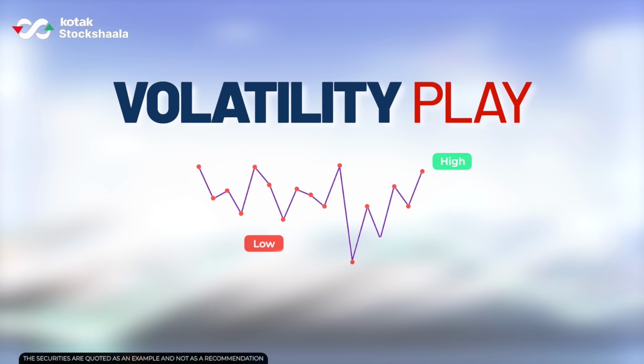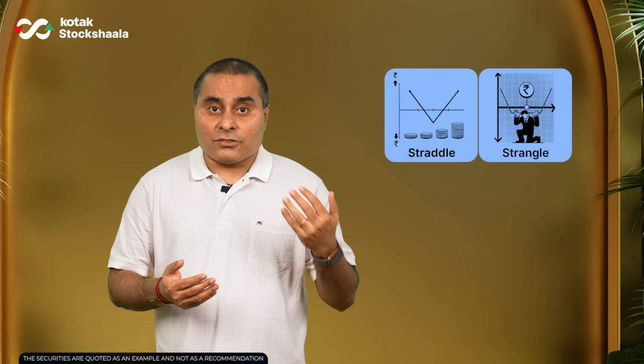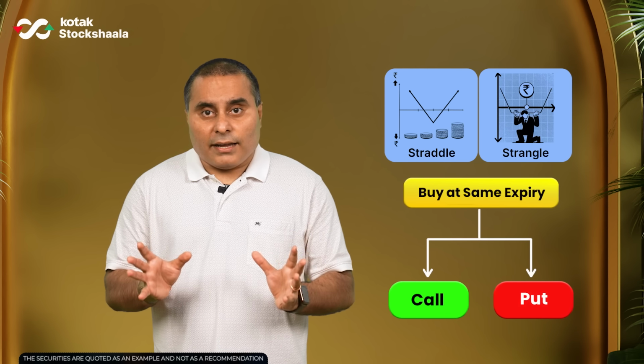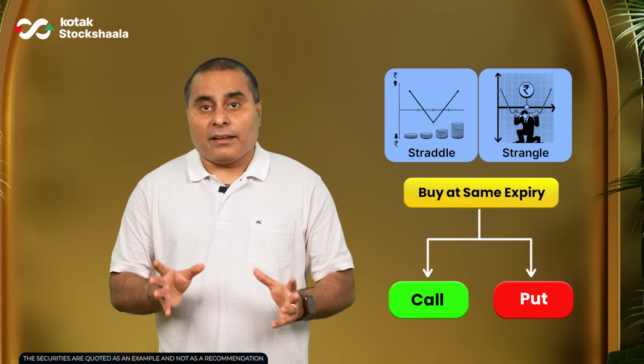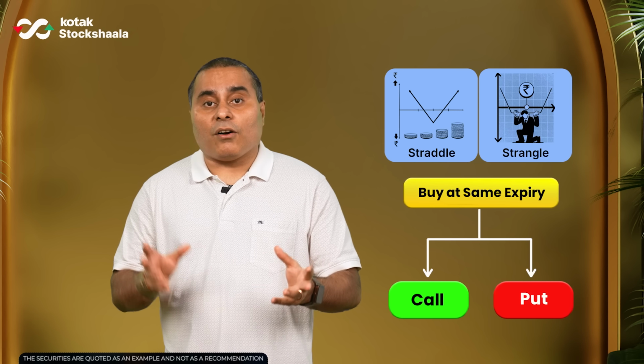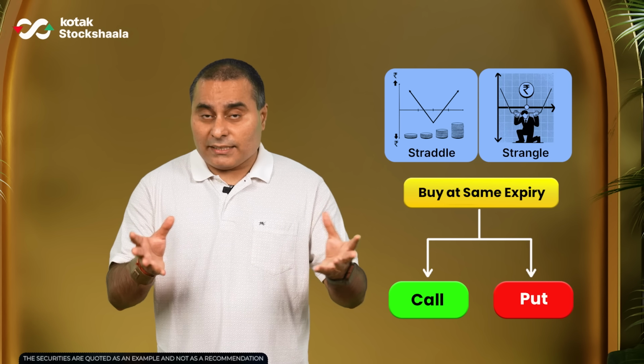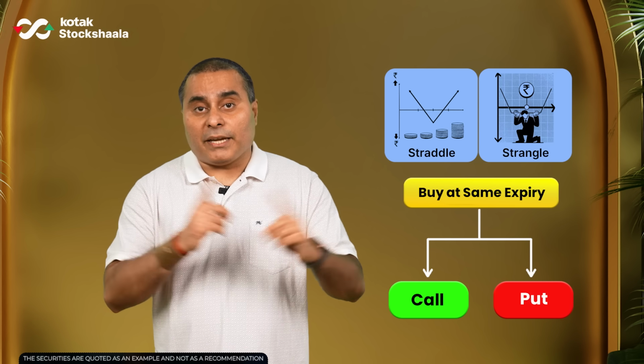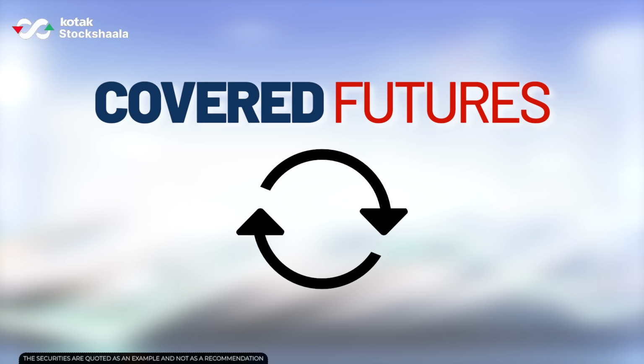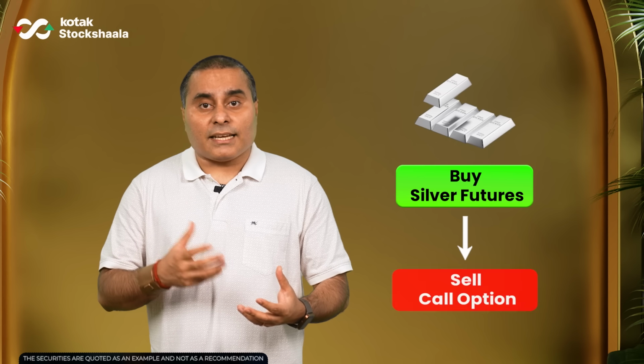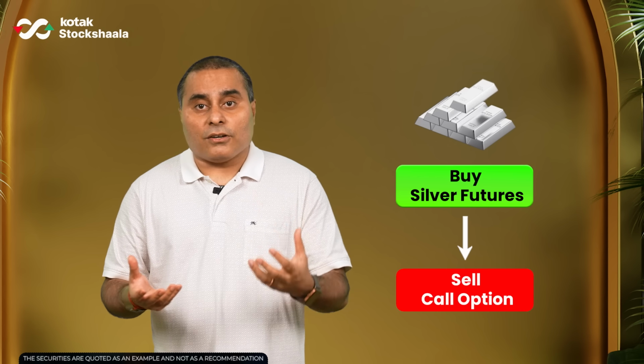Then we come to volatility play, straddles and strangles. Buy a call and put of the same expiry before big events like OPEC or Fed meets. You basically profit from the movement if there is a big move in either direction. Then we come to covered futures. What is this? Combine futures with options. For example, buy silver futures and sell a call option to reduce the cost and cushion.